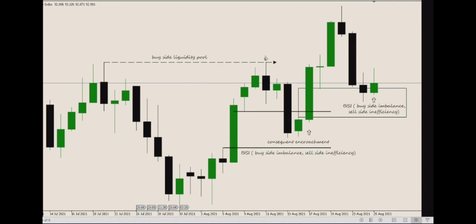Price moves from external liquidity, because when price came to this high, it formed a double top on the daily, and that is our buy side liquidity pool. That is external because it is outside of the candles. Then we dropped down into this fair value gap, which is the internal. So we left the external, we came to fill the internal, and then we went back to the external. Like 1, 2, 3.